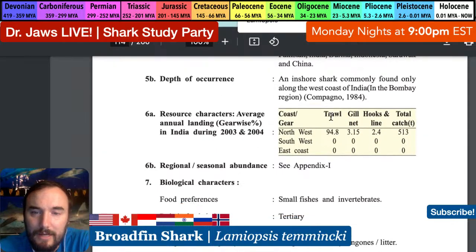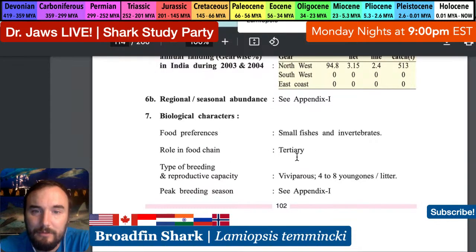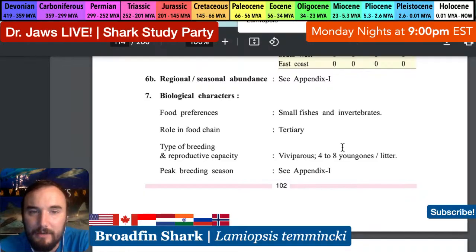Let's see, we have catch records. The food preference is small fishes and invertebrates. The role in the food chain is tertiary, so a higher predator. Type of breeding is viviparous, 4 to 8 young ones. I like how they make young ones a single word.